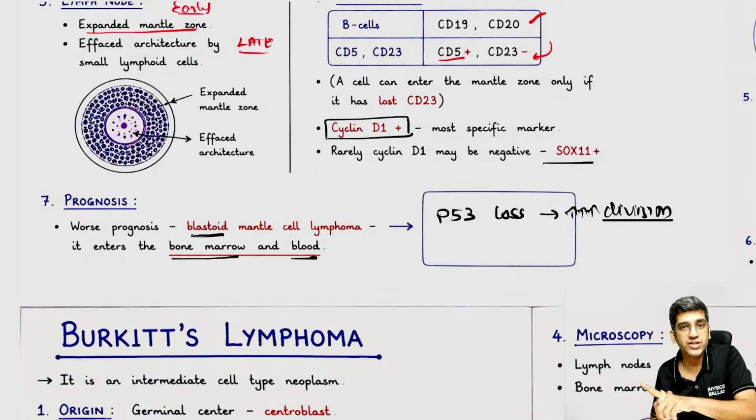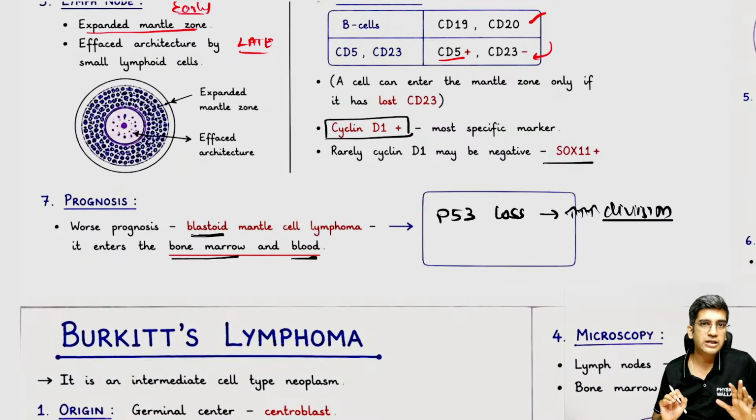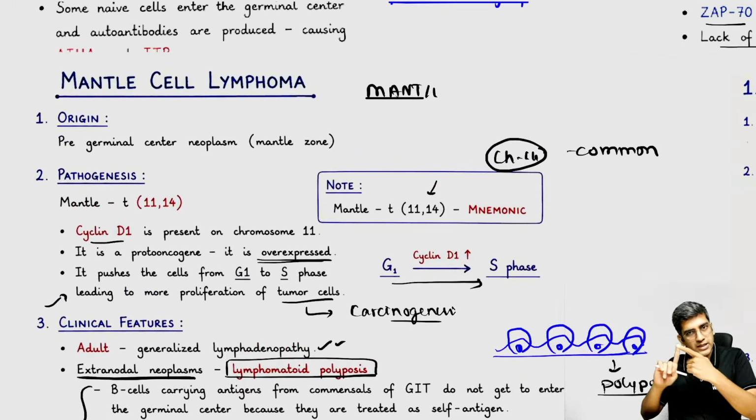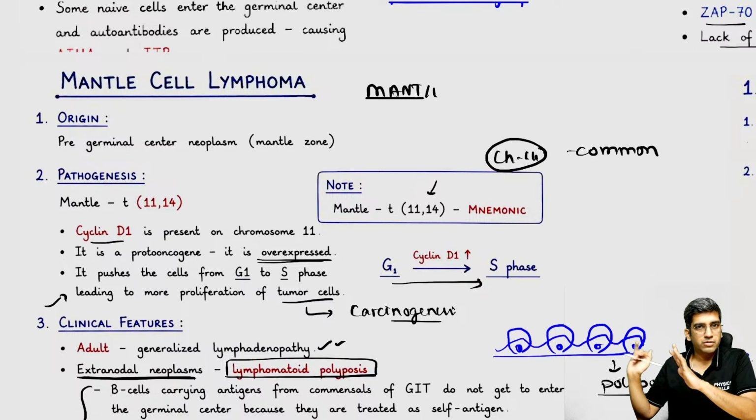Only in this condition may mantle cell lymphoma have a CBC finding. Otherwise, CBC is completely normal in mantle cell lymphoma. As simple as that. Same origin, pathogenesis, clinical features, microscopy, markers, prognosis, and complications. For a 5-mark question, this is more than enough.